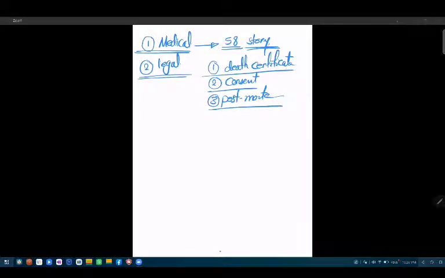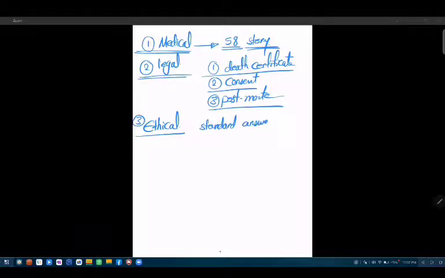That's fine. What are the ethical issues in this scenario? So one would be autonomy, and I should have asked. Autonomy of the next of kin.